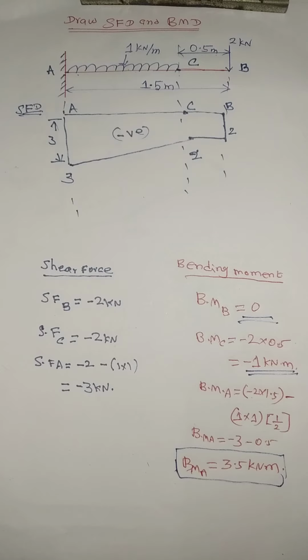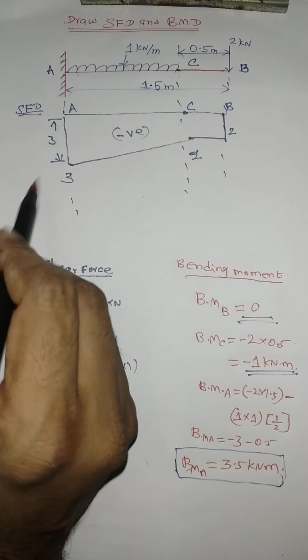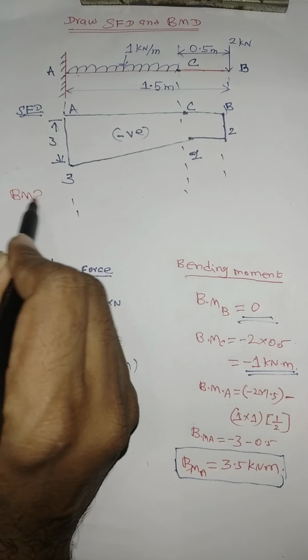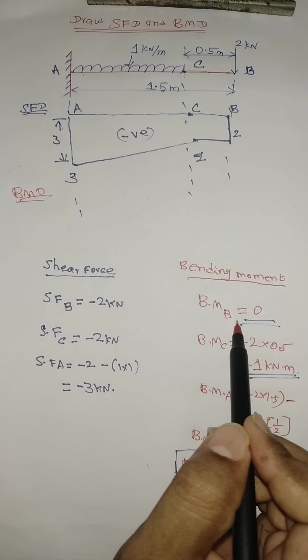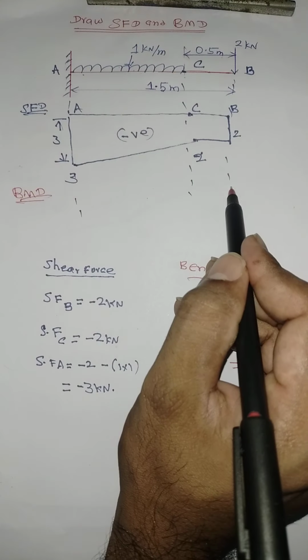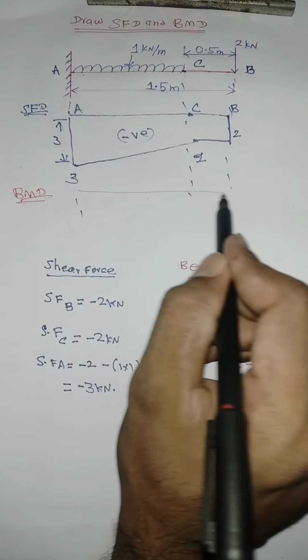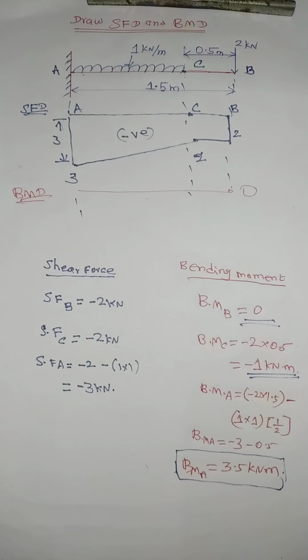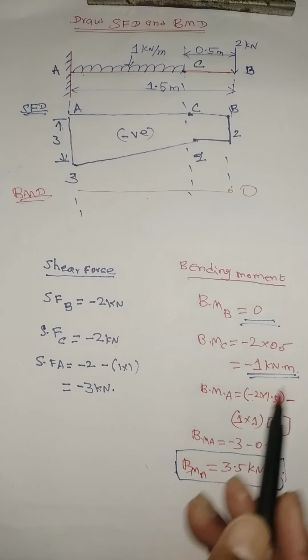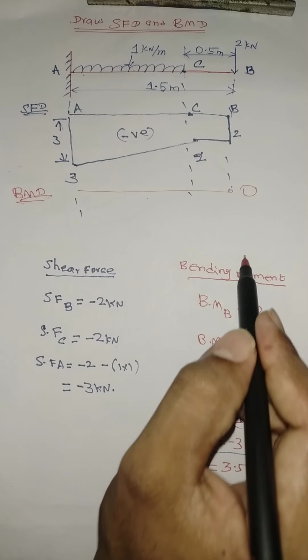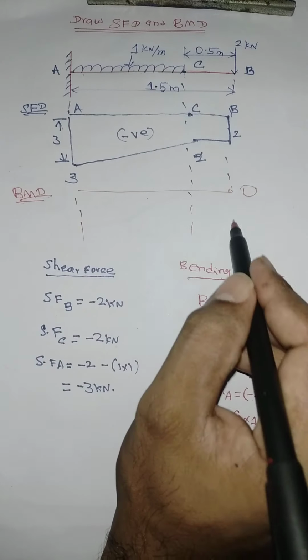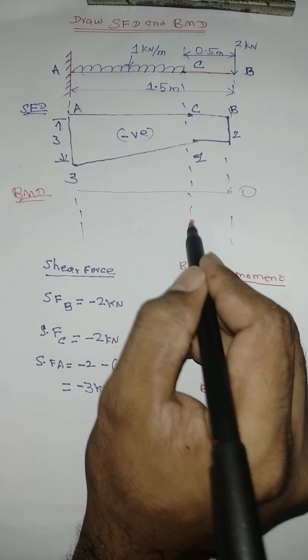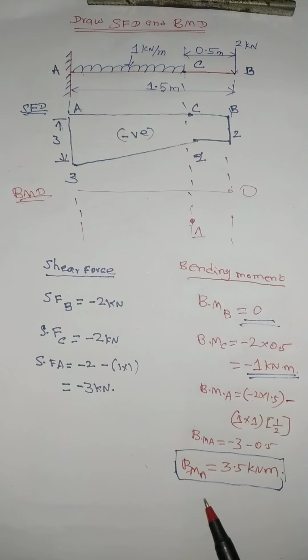Next, to draw the bending moment diagram. At point B, the bending moment is 0, so draw one horizontal line. The bending moment at point C is minus 1. The bending moment at point A is minus 3.5.